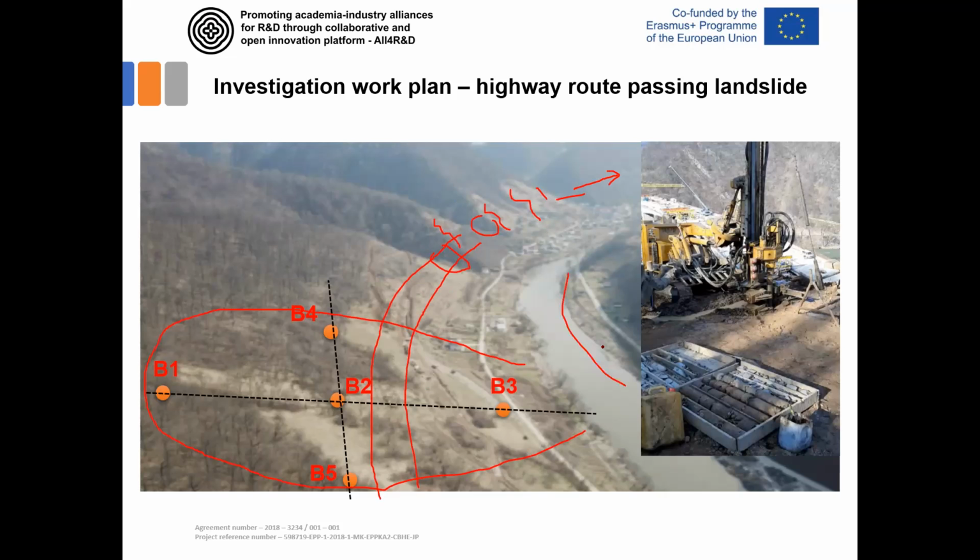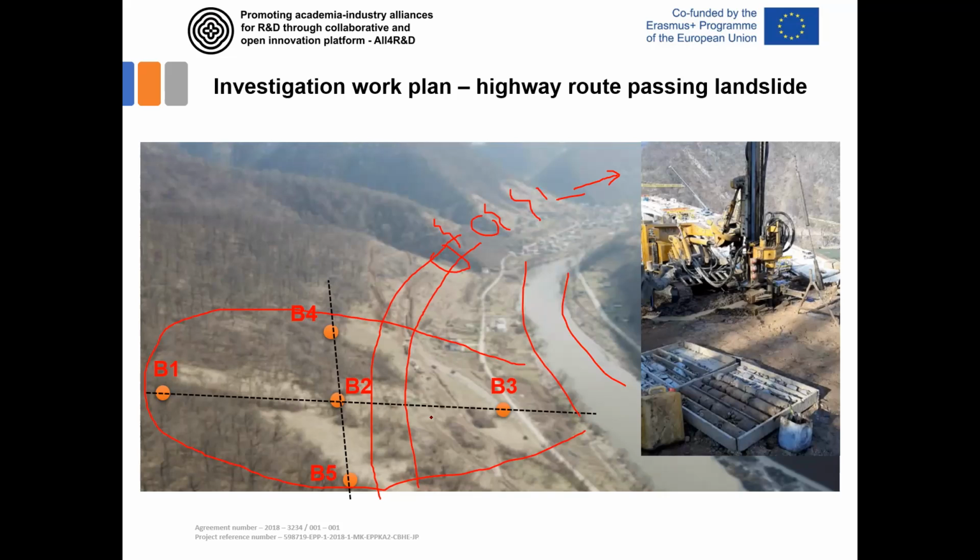So you see, this is River Bosnia, that is influencing the stability of all this slope. When you look at the morphology of this ground, it is expected that some slope creep, sliding could be observed at this hill. And here is the layout of the proposed boreholes.